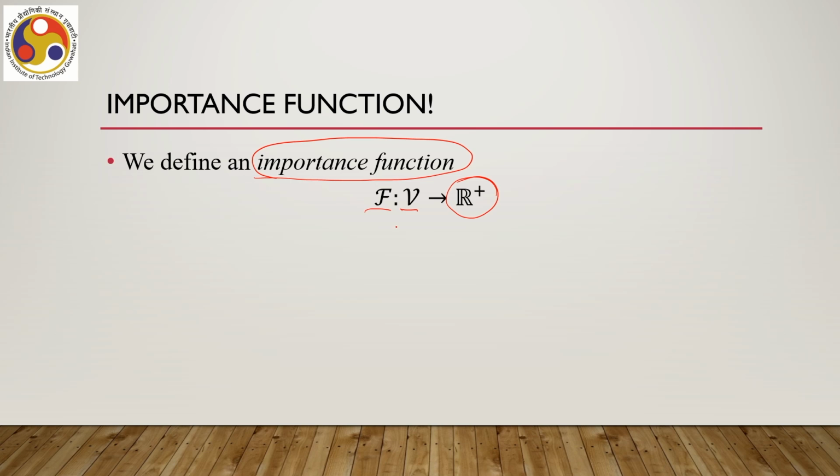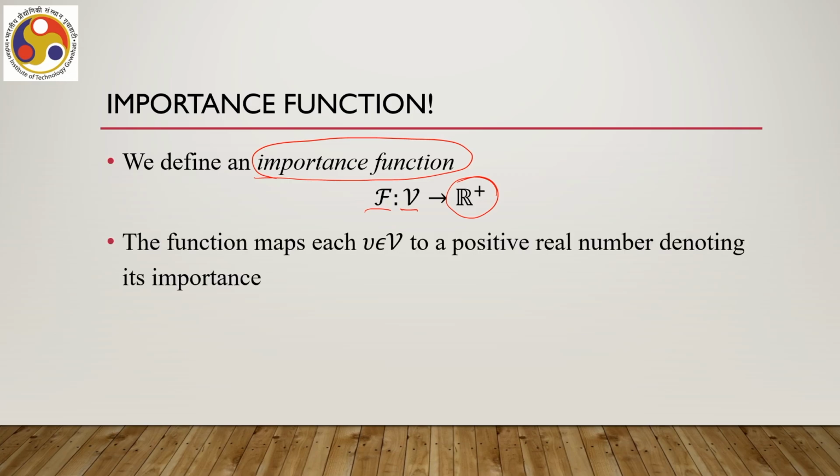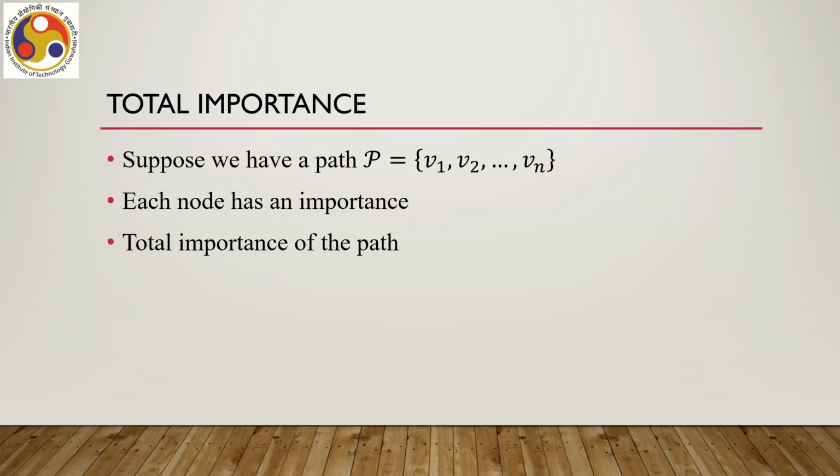In other words, every vertex or every point of interest v belonging to the set V maps to a positive real number, which indicates the importance. So, we are capturing the importance in terms of a positive real number. The larger the number, the higher the importance.